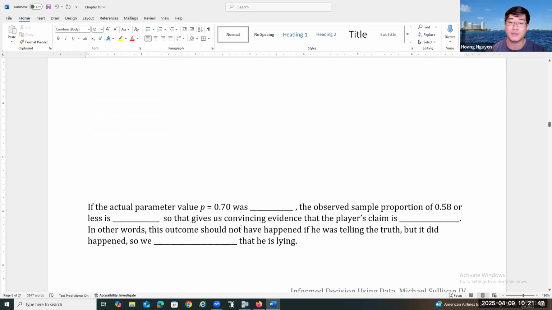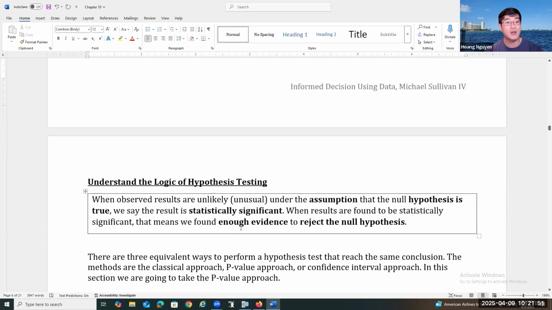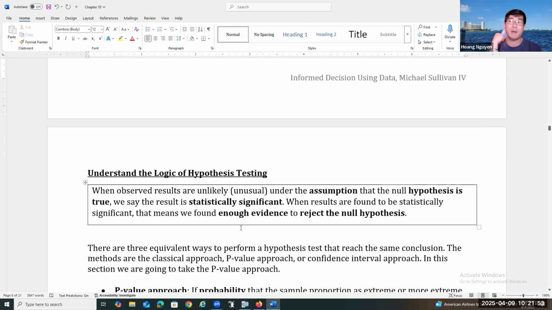Let's take a look at the summary. What is the idea of a hypothesis test? Understand the logic of a hypothesis test. How are we going to come up with the calculation in order to get to the conclusion of either reject or fail to reject the null hypothesis?